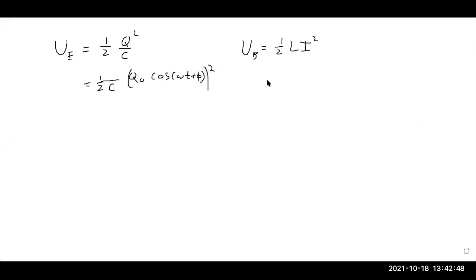And for the magnetic field, we put in the equation for energy stored in an inductor, and the equation for the current. We've got Q naught omega for our I naught.